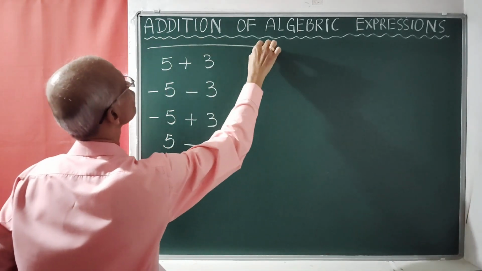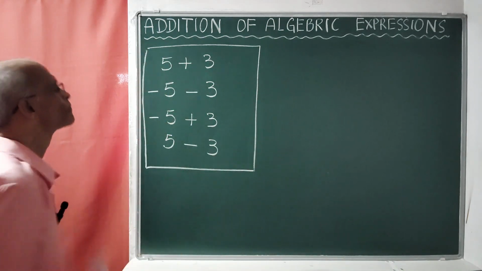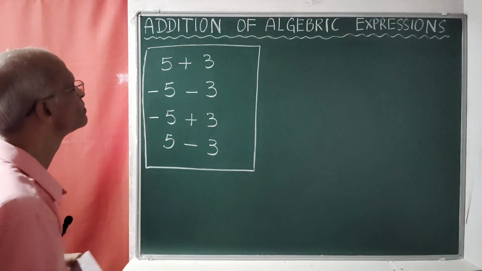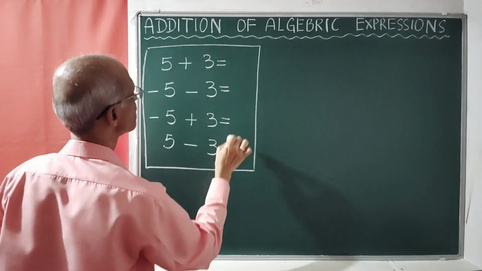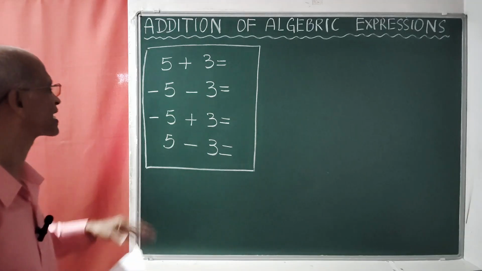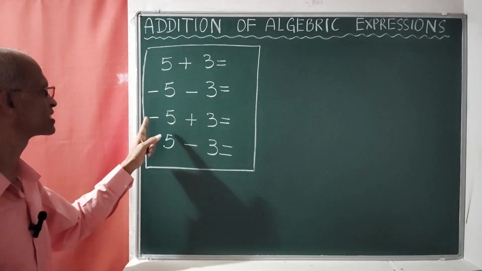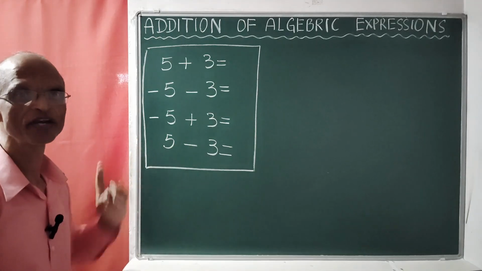Here I have written 4 sums. In the first case, both are carrying plus sign. In the second case, both are carrying minus signs. Third case, the signs are different. Fourth also, the signs are different.